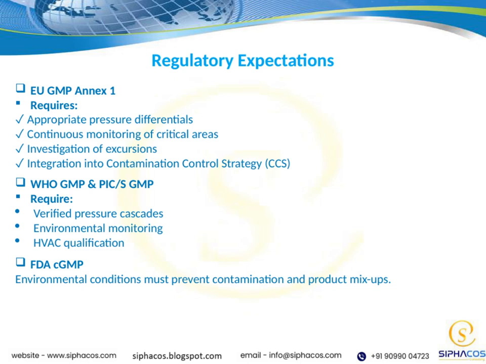Meanwhile, WHO GMP and PIC/S GMP focus on verified pressure cascades, environmental monitoring, and HVAC qualification. Over in the US, the FDA's CGMP rules emphasize that environmental conditions must prevent contamination and product mix-ups. These standards set the foundation for quality and safety.